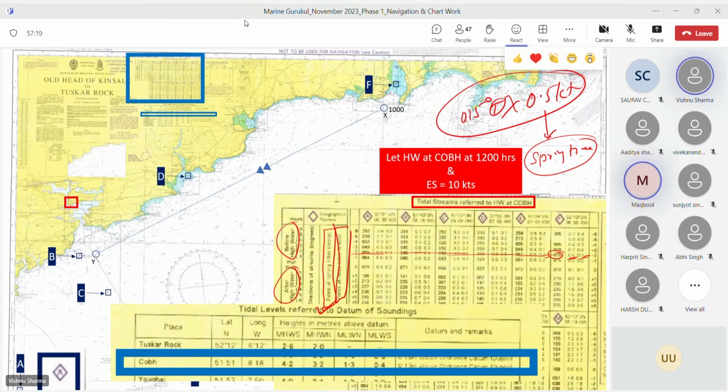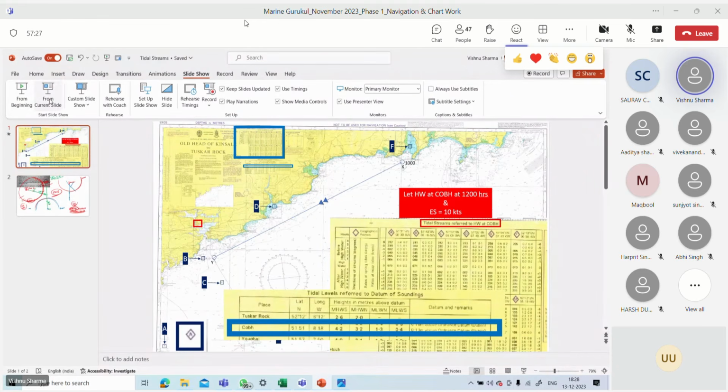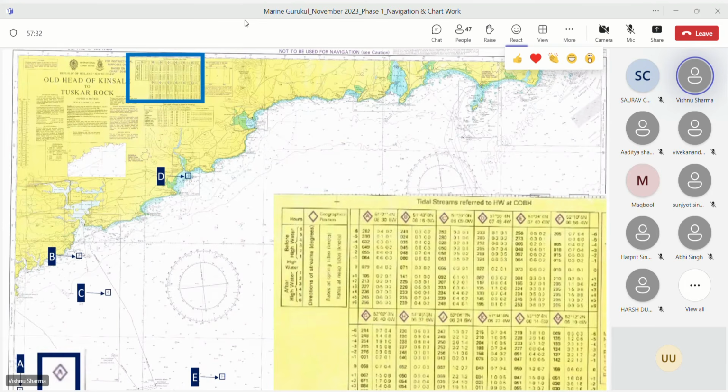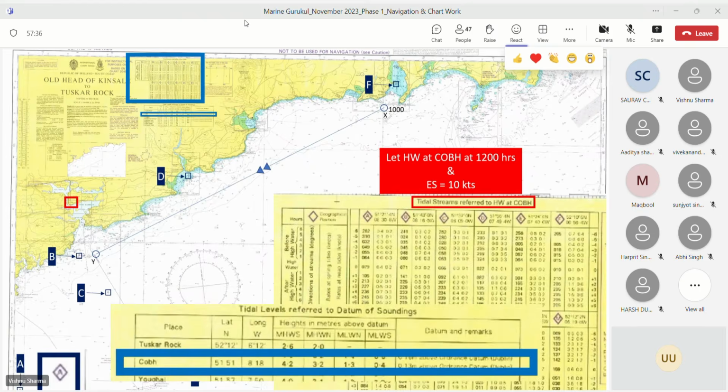What I would suggest is you take a photograph of this. This will come quite handy for you to review, because on one slide you'll be able to review practically everything that is required, because there are blown up images also. In addition to this, what will be given is also whether the tide is spring or neap.